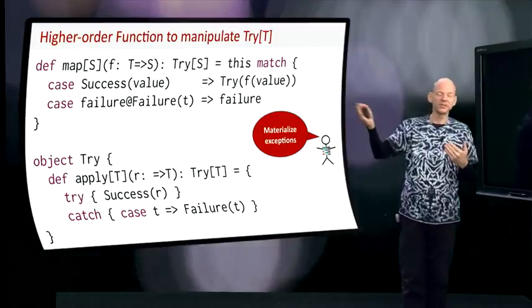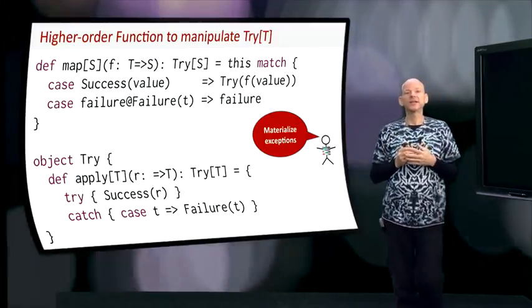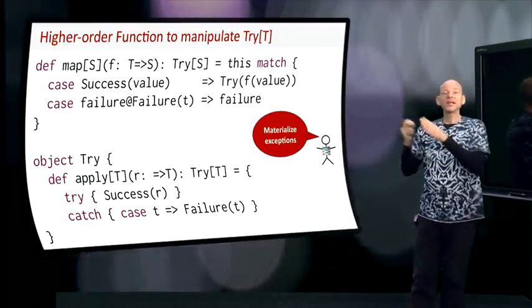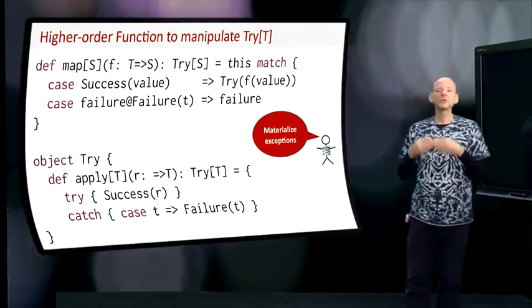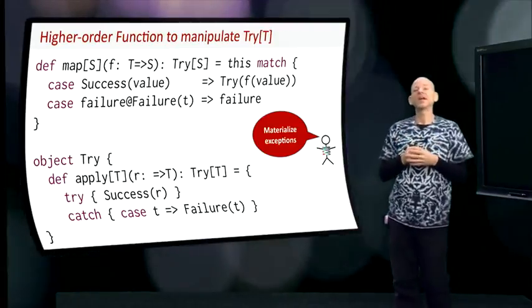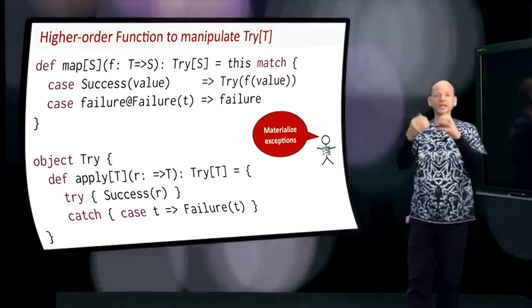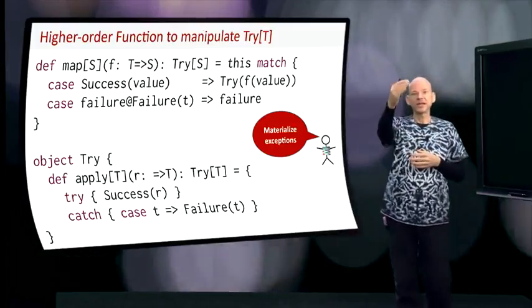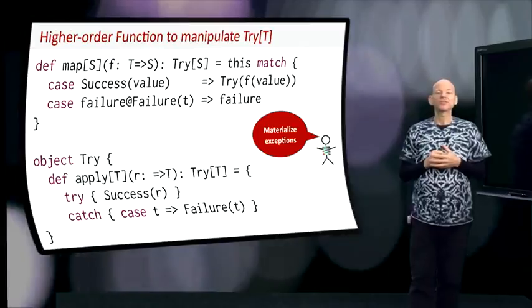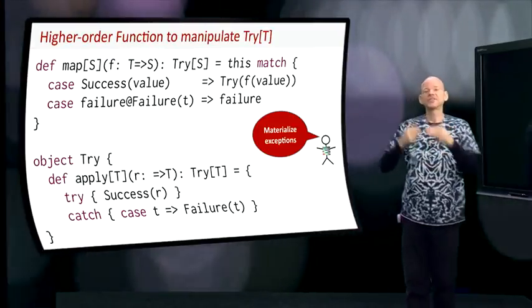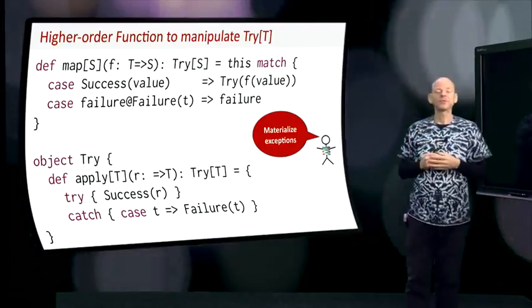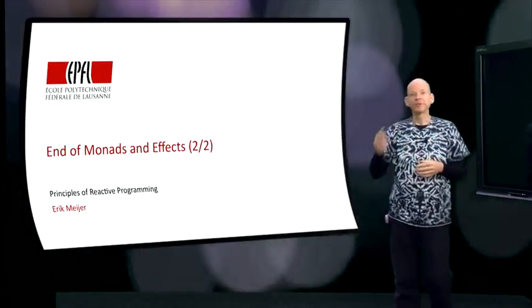If it's Failure, we just create Failure. But notice that calling the function f might throw an exception as well. So we have to guard that call in order to return the right value. And that's what you see in the Try constructor there. It will do a try catch such that the exception that might happen when you call f won't escape.